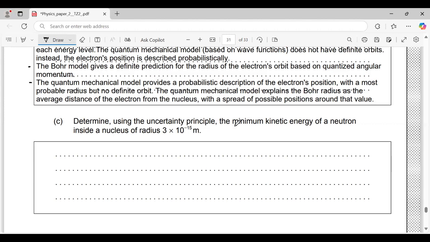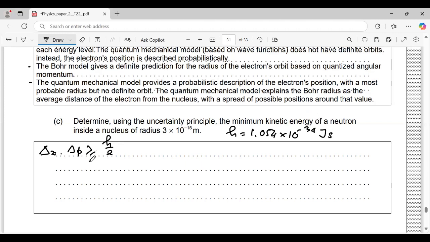To determine the minimum kinetic energy of a neutron inside a nucleus, we can use this inequality: delta x times delta p greater than or equal to h-bar over 2, where delta x is the uncertainty in position, delta p is the uncertainty in momentum, while h-bar is the reduced Planck constant, h-bar equal 1.054 times 10 power minus 34 joule-second.